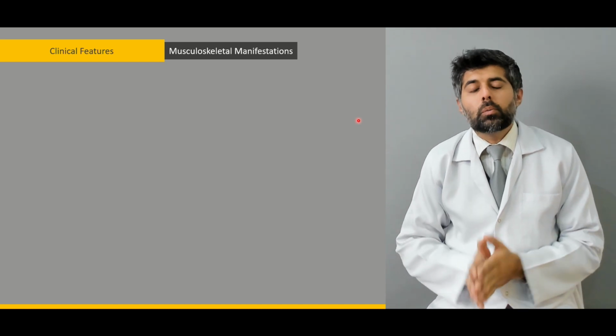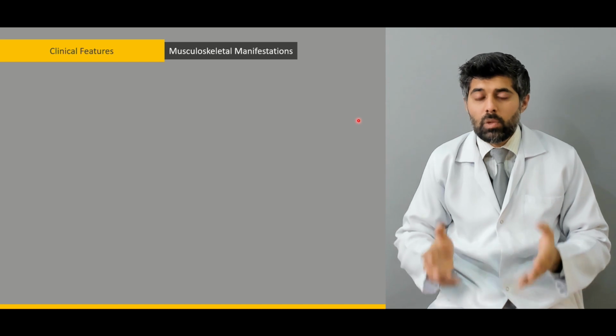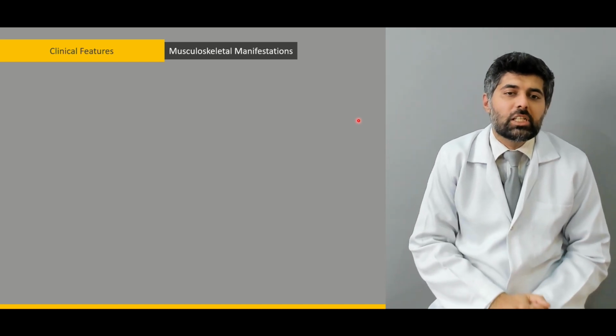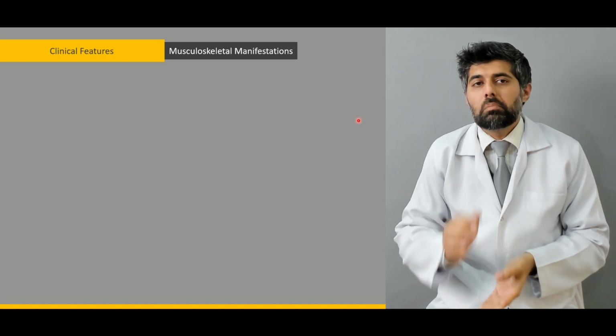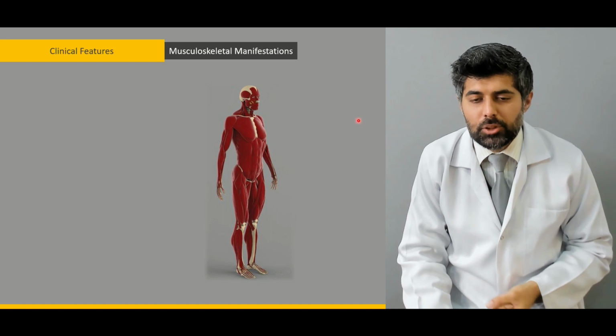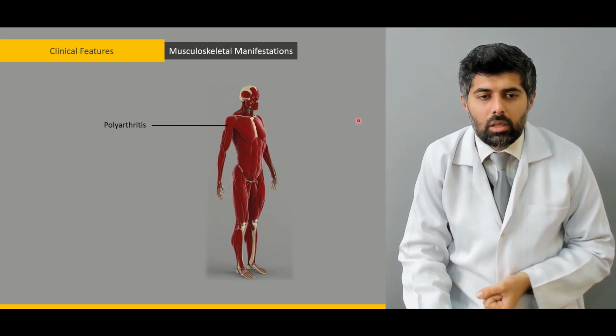Next, we'll start with the clinical features of SLE. One of the most common clinical presentations of SLE is the musculoskeletal manifestations. Now, here is a person with their musculoskeletal anatomy.